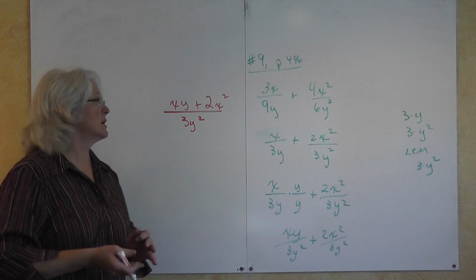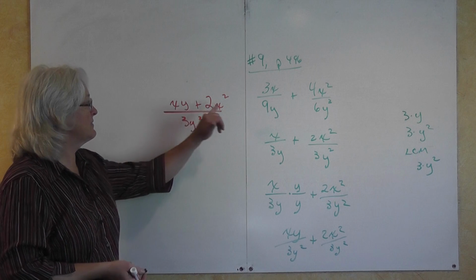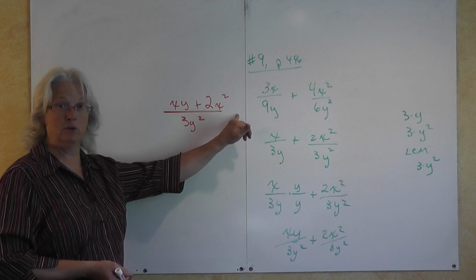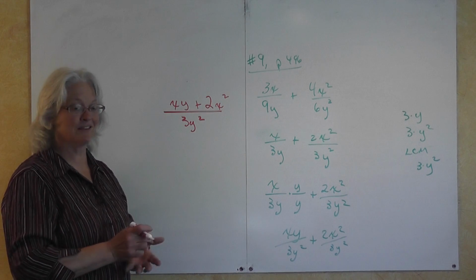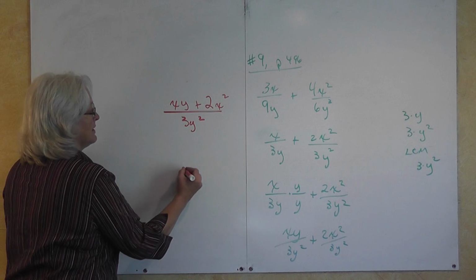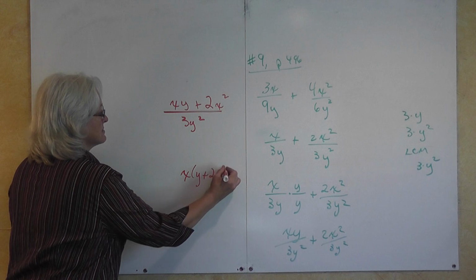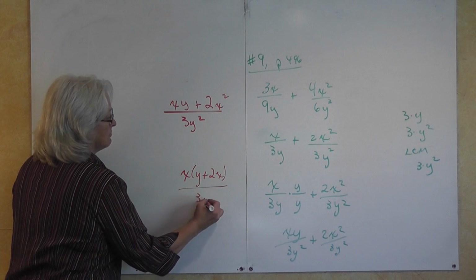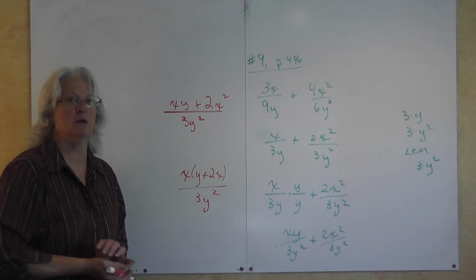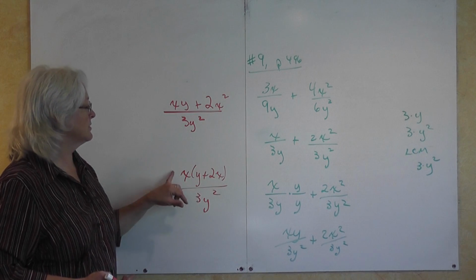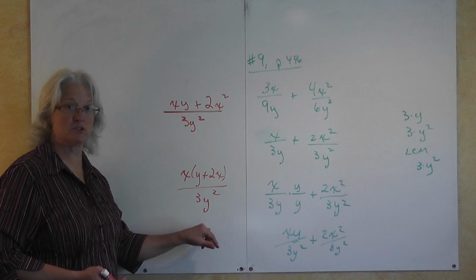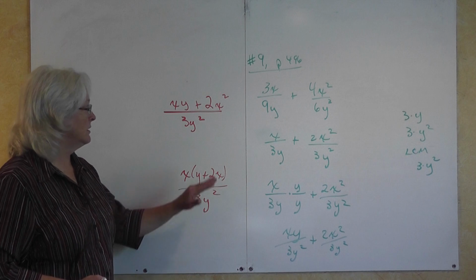This expression does not reduce. We do have a common factor of x in the numerator. So technically, you could write this as x times the quantity y plus 2x, all of this over 3y squared. But it's not necessary because you have no common factors that you cancel out.